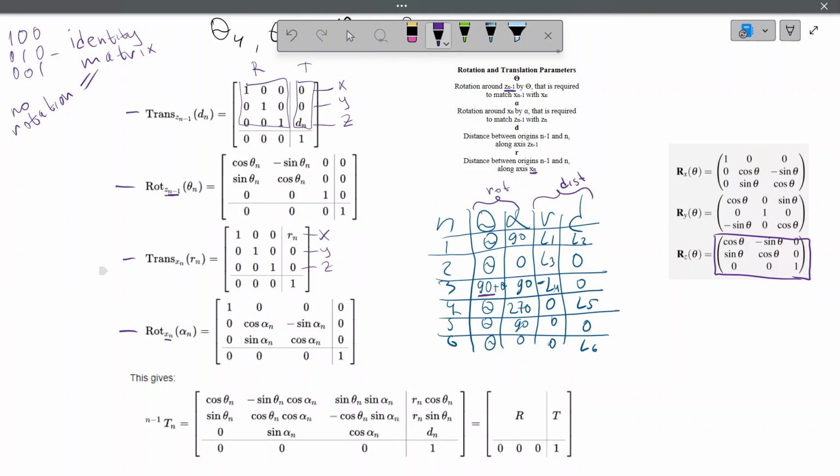Next we have the rotation around x for alpha. Alpha is around x. Rotation around x is this matrix, so that's why it looks similar here. So if we multiply all this together, this multiplied by this, and this, it will give us this matrix.